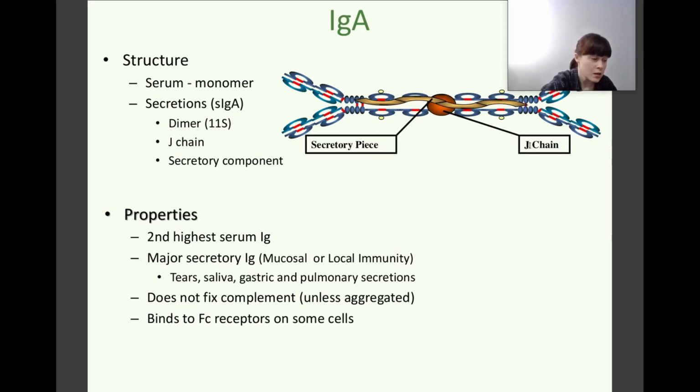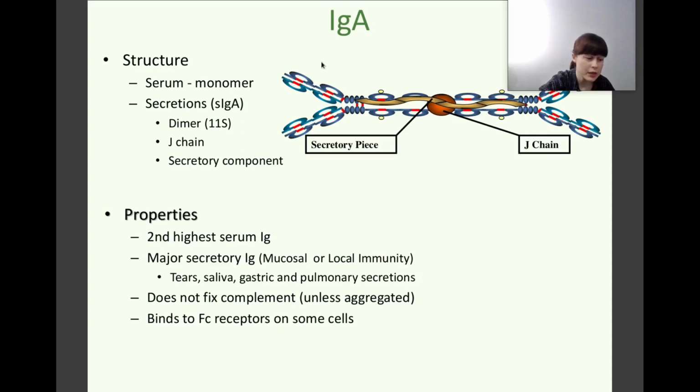Immunoglobulin A is the second most abundant class of immunoglobulin next to immunoglobulin G, constituting about 15% of total serum immunoglobulin. Like we said before, there are two forms presented. Immunoglobulin A in serum predominantly exists in monomeric form.